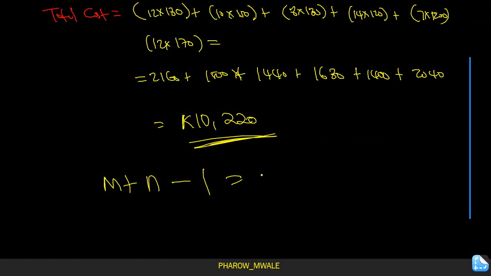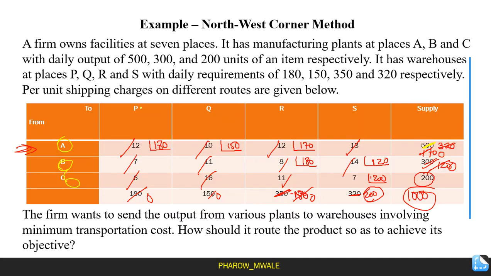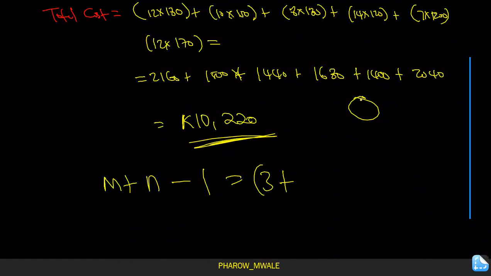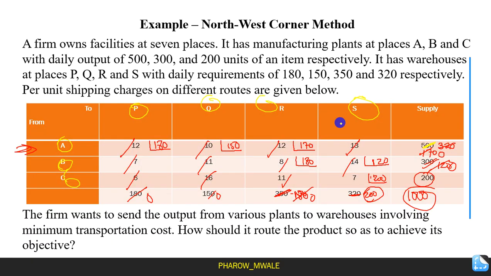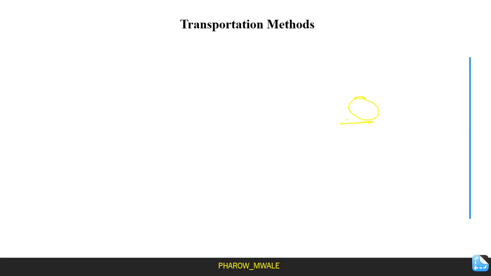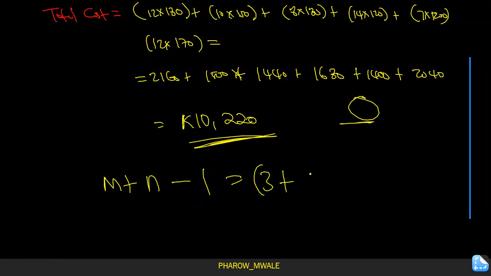So it's 3 plus how many columns? We have P, Q, R, and S. So we say 4 minus 1.